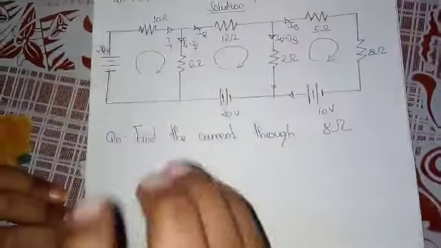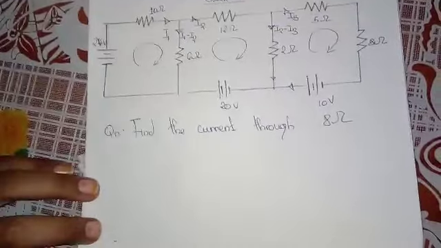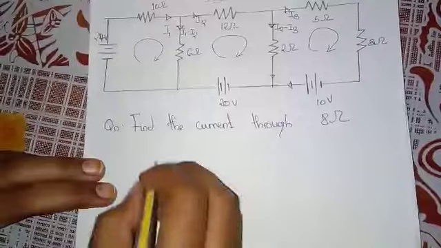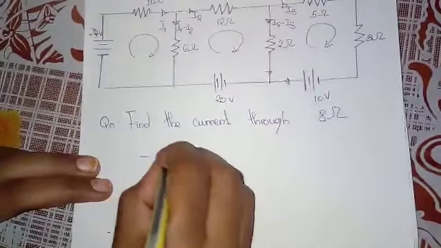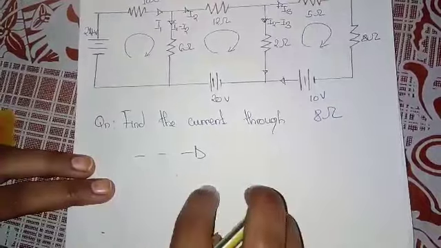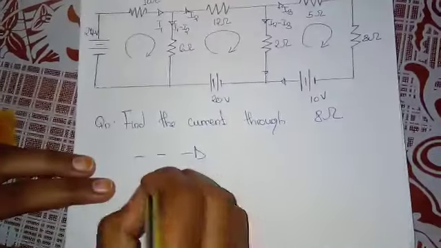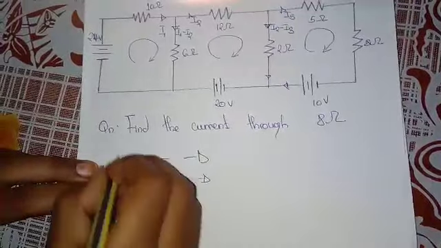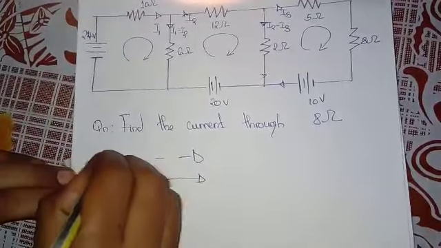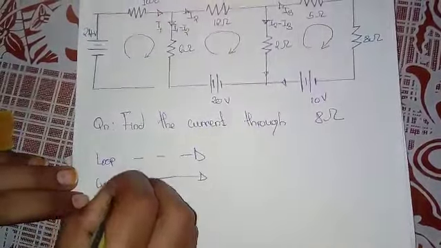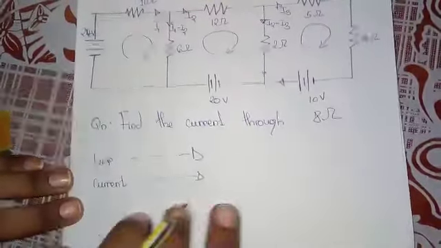By using the loops, we have to understand two things. The first one is, let's say this is the loop, this is the sign of the loop, and this is the current, the flow of current.